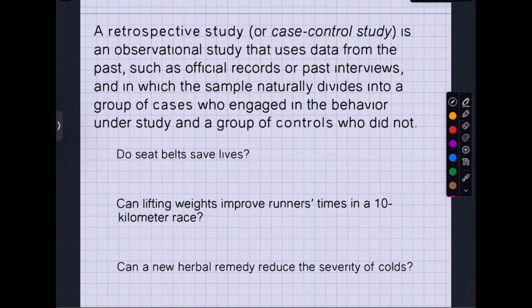So this is a past case, doing a new study but with past data from a different study. That's what it sounds like, right?